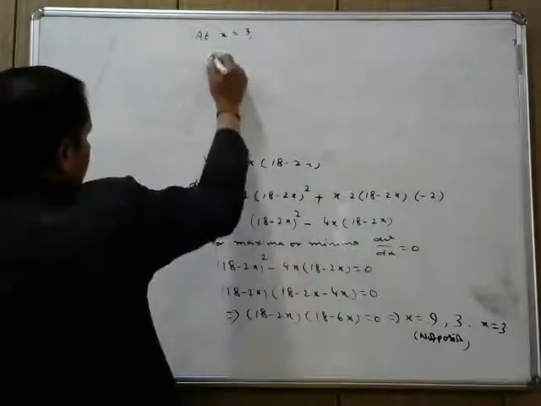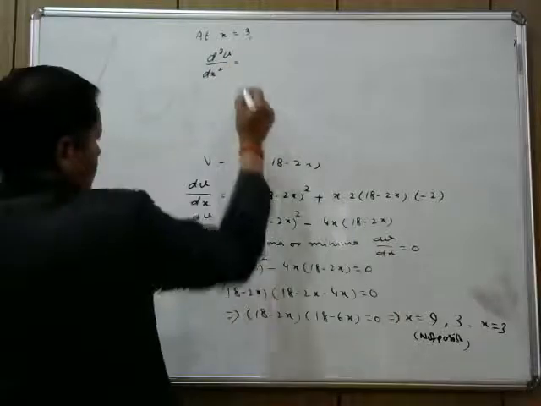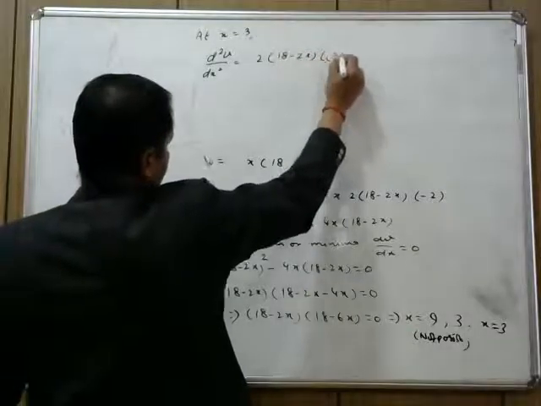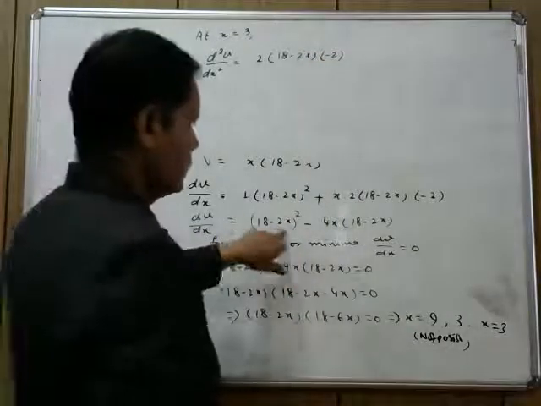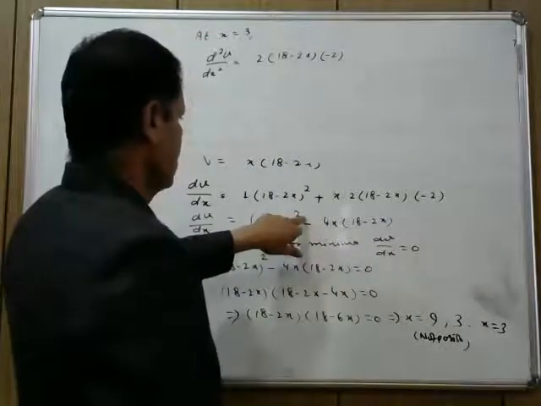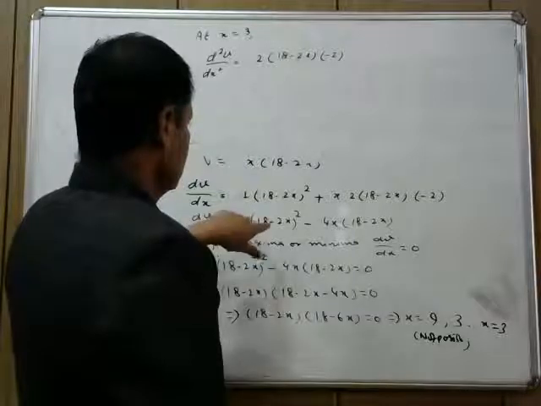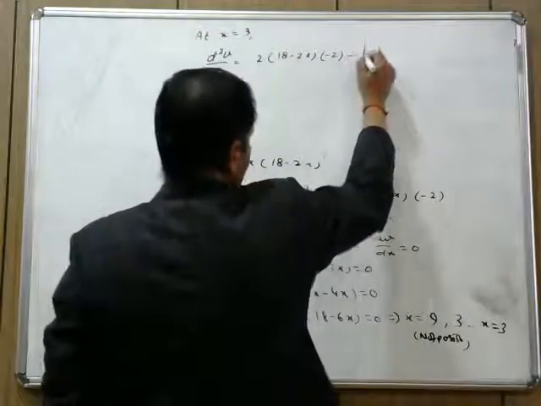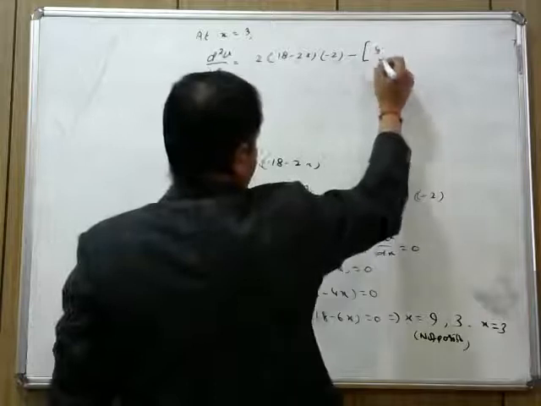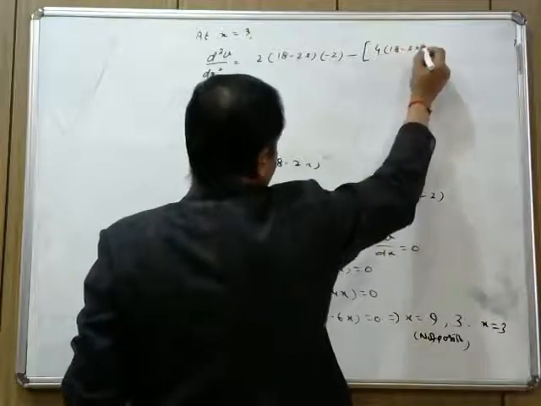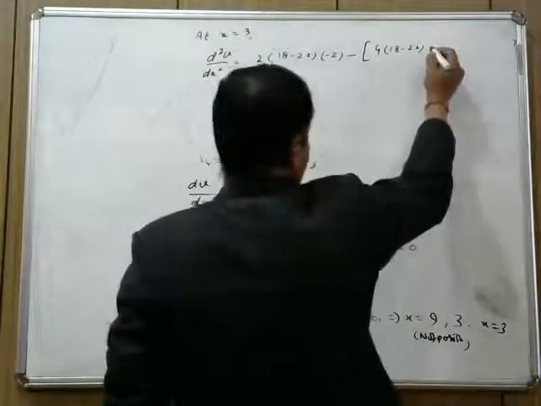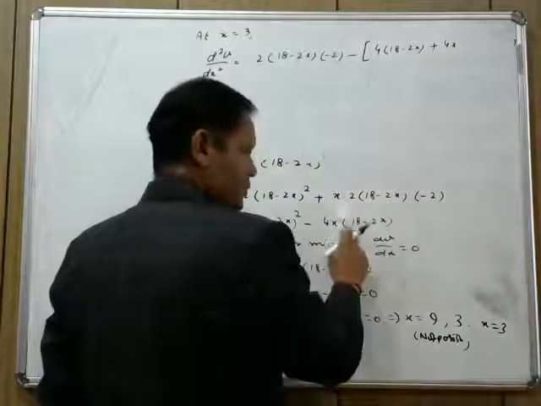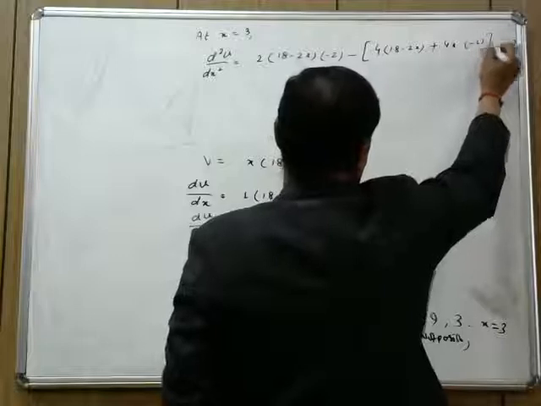So now d2v by dx square is: differentiation of (18 minus 2x) whole square is 2 into (18 minus 2x) into minus 2, minus differentiation of 4x, which is 4 into (18 minus 2x), plus 4x into differentiation of (18 minus 2x), which is minus 2.